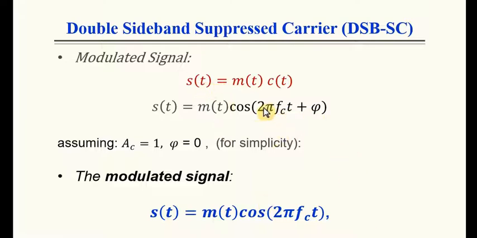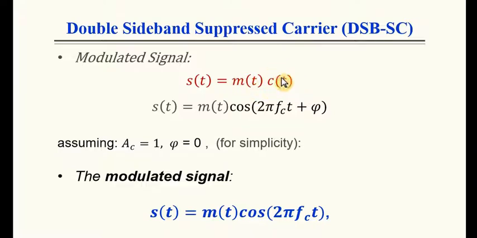Accordingly, the device that is used to generate double sideband suppressed carrier is referred to as a product modulator. So s(t) is equal to the message signal times c(t), where c(t) is the carrier signal and m(t) is the message signal.